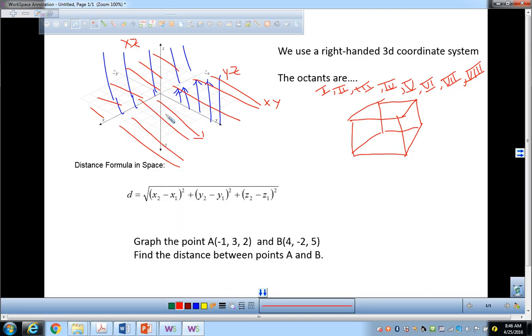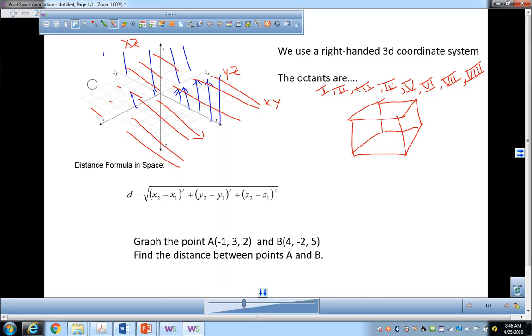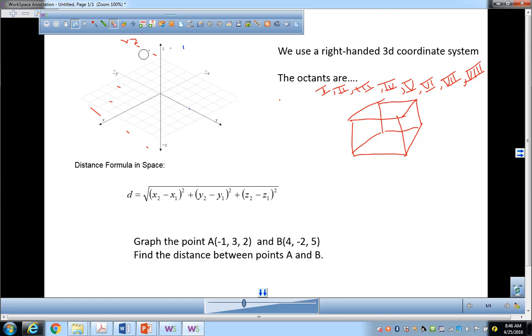That's octant 1. Maybe if I erase all this stuff, you'll be able to see it a little bit. Okay? So octant 1 would be in the positive x, y, and positive z region. Do you understand?